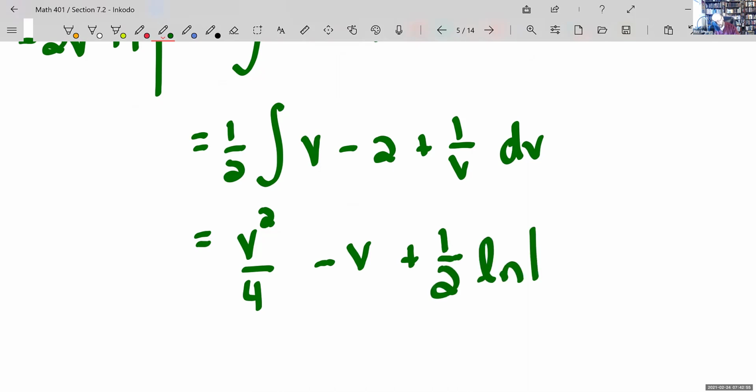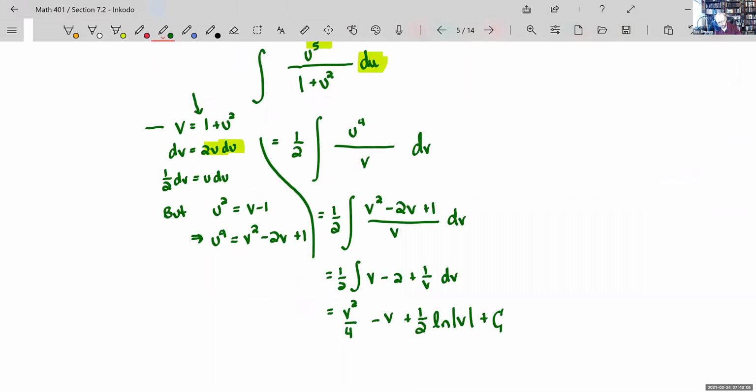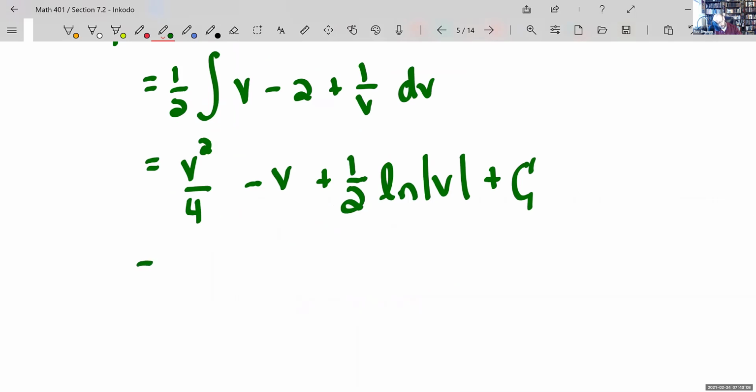So notice we actually could get to an antiderivative, but we have some resubbing to do. Remember, v is equal to 1 plus u squared. That's right up here. So this is going to be the quantity 1 plus u squared over 4, minus 1 times the quantity 1 plus u squared.